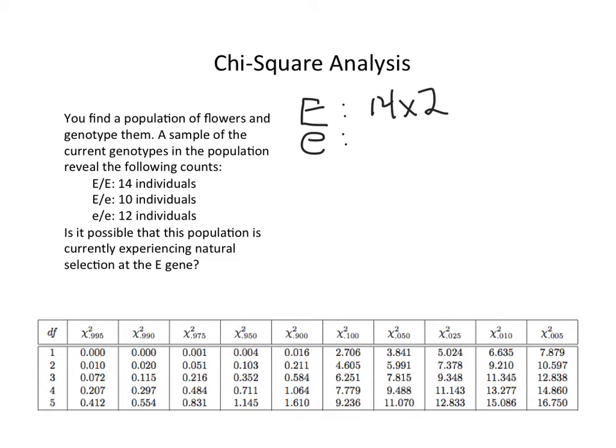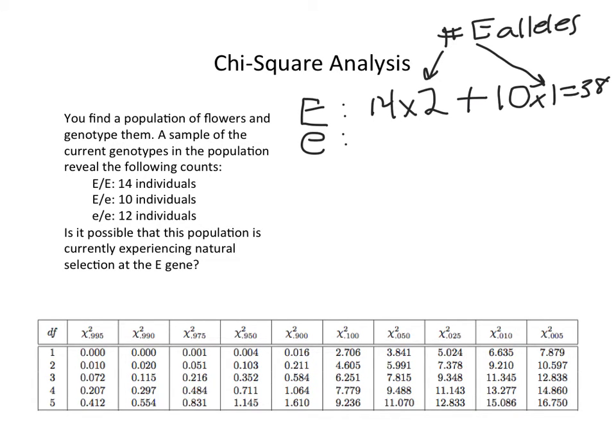And then we add to that 10 individuals, each of which have 1 little e. You can think of that as 10 times 1 if you want. The number of big E alleles in the genotype. So 28, 38.